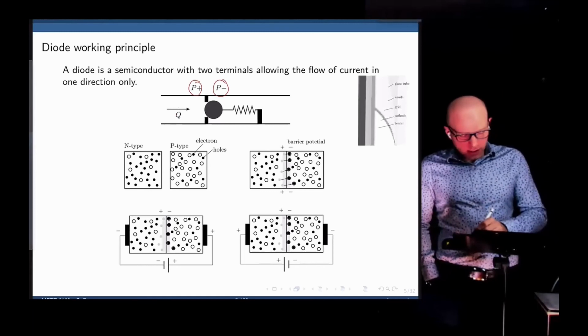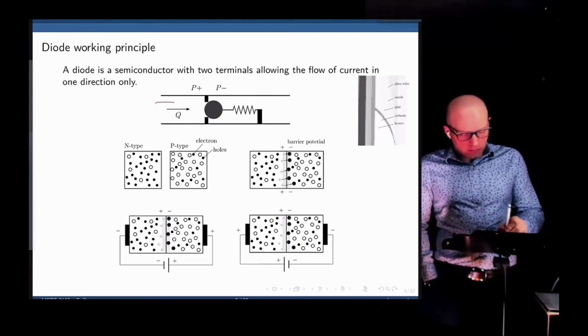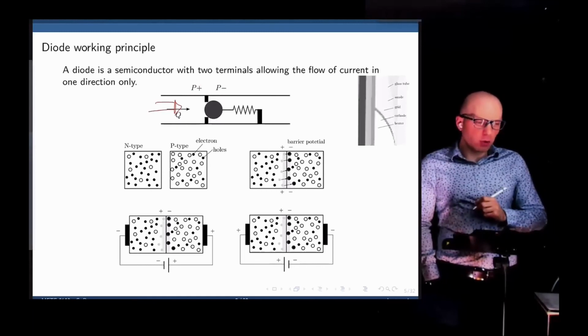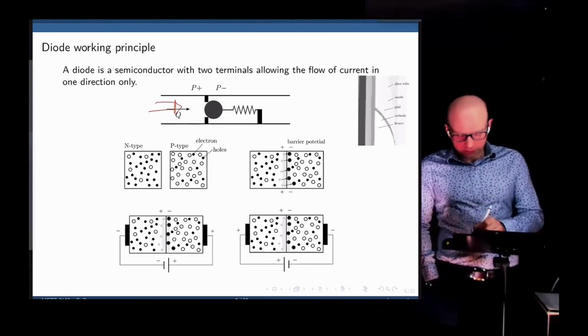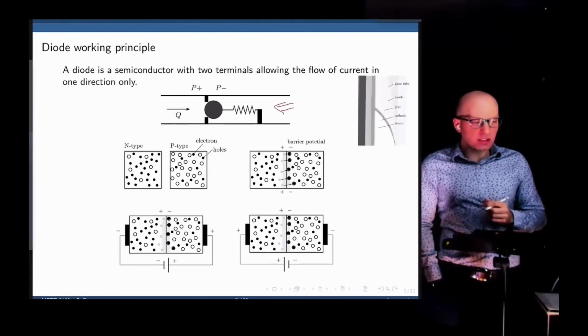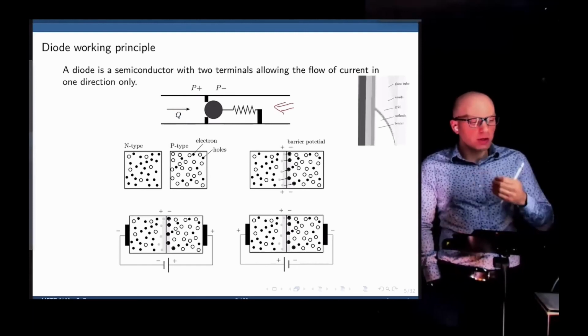And in this mechanism here, if you apply a flow on this side, the flow can go through the valve. But if you go from the other side, this valve will block the flow from going in that direction.